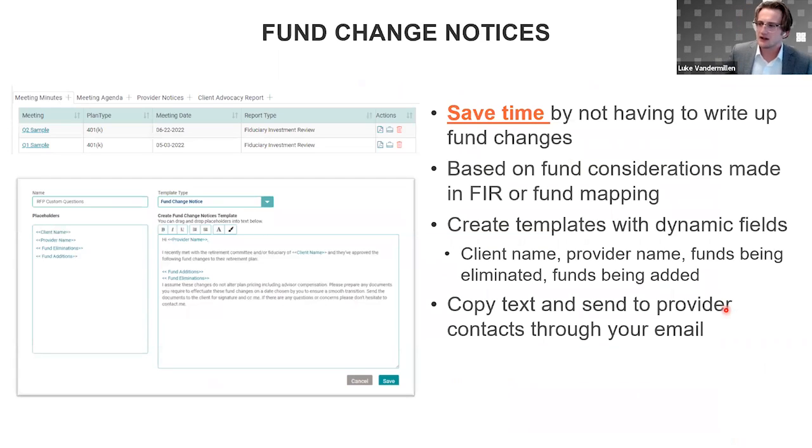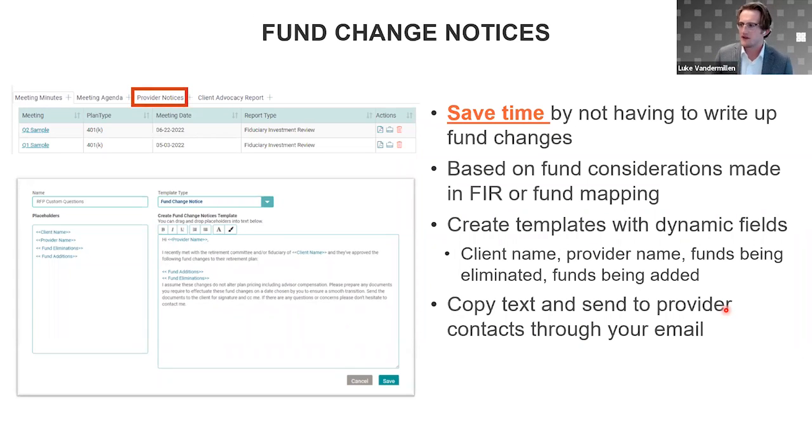And then lastly here, we have the provider fund change notices that we rolled out late in last quarter. I wanted to bring this up because I think it ties in really well with our fund mapping and our new FIR considerations.